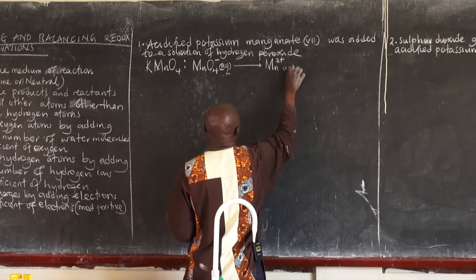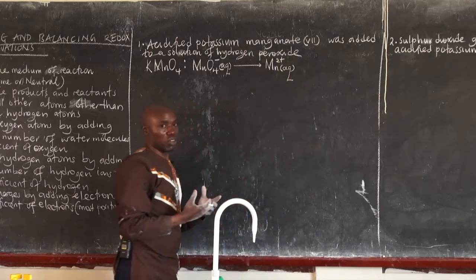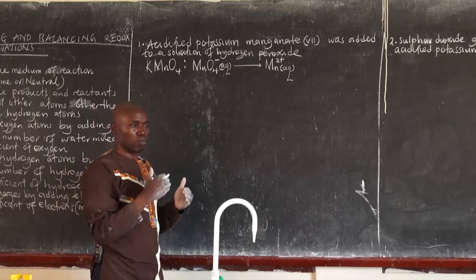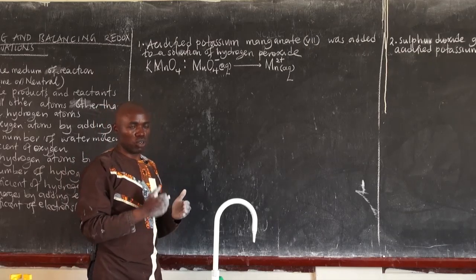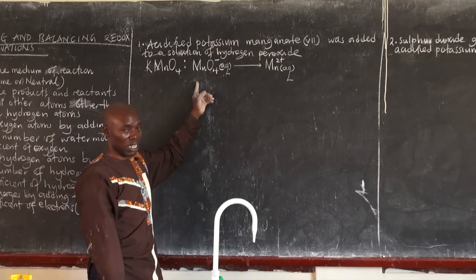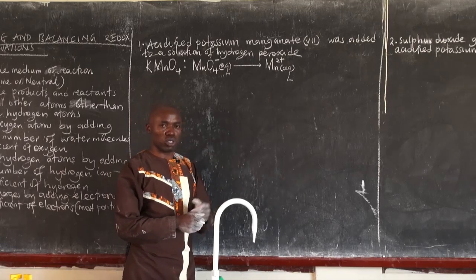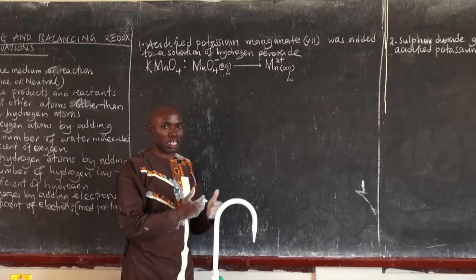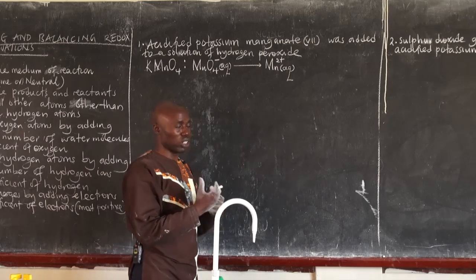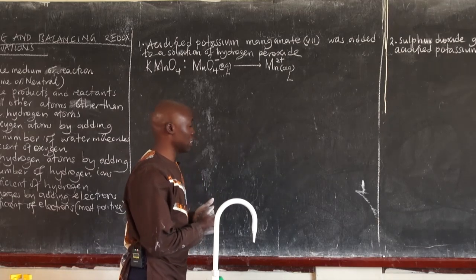So by practice, sir, how do I know that? This is known by practice, one at a time. Today you've known that manganate 7 ions go to manganese 2 ions. In the next example, you'll know something else. As you learn slowly, you get to start mastering these things.